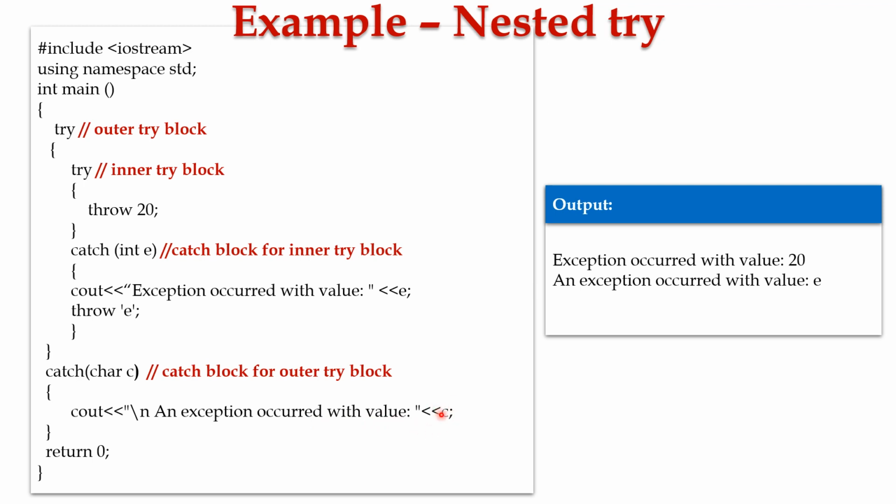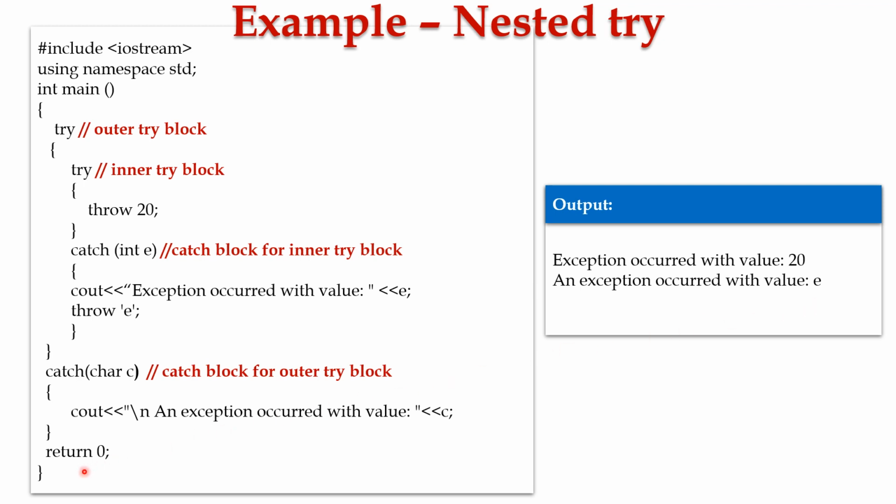The value of the variable c is nothing but small e, which is thrown from the catch block of the inner try block. It is caught in the outer catch block and displayed to the user using a cout statement, as shown in the output: an exception occurred with value small e.